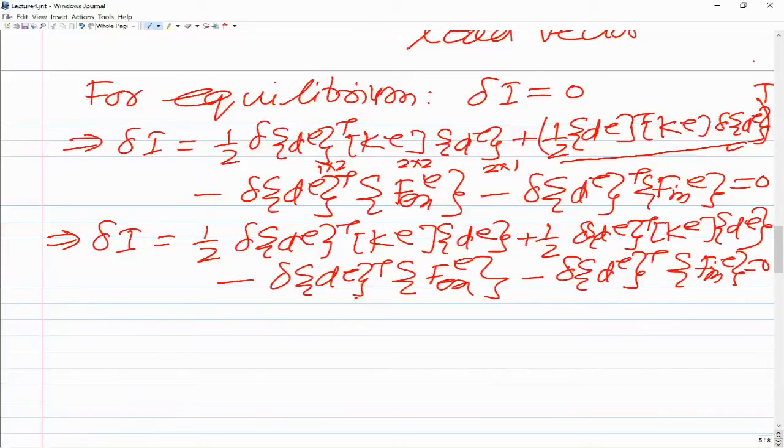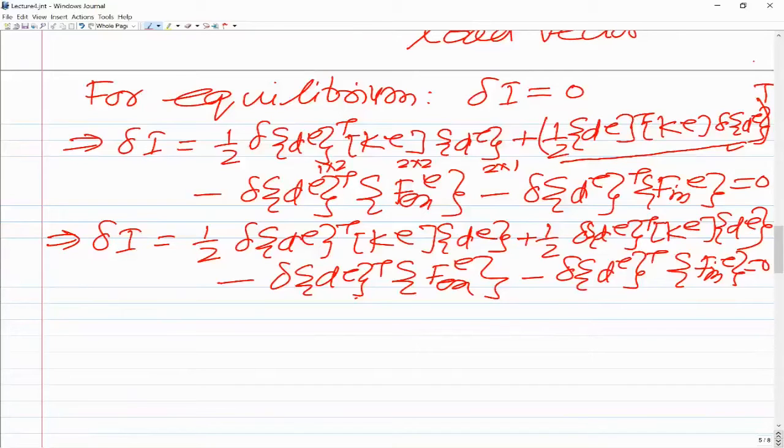Yeah, as I said, the variation here is with respect to the unknown quantity. Unknowns are in this whole expression. See, the unknown is only u1 and u2, and that is nothing but your vector de. So that is why the variation is taken with de, because d is the only unknown vector.